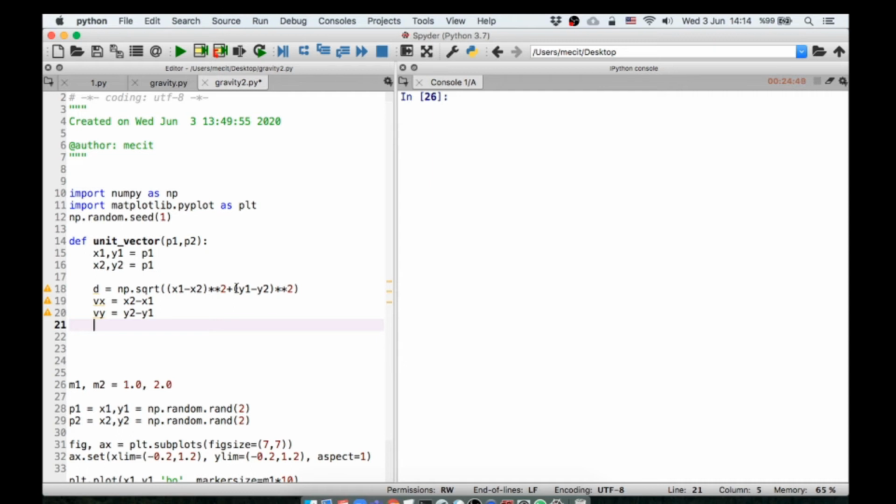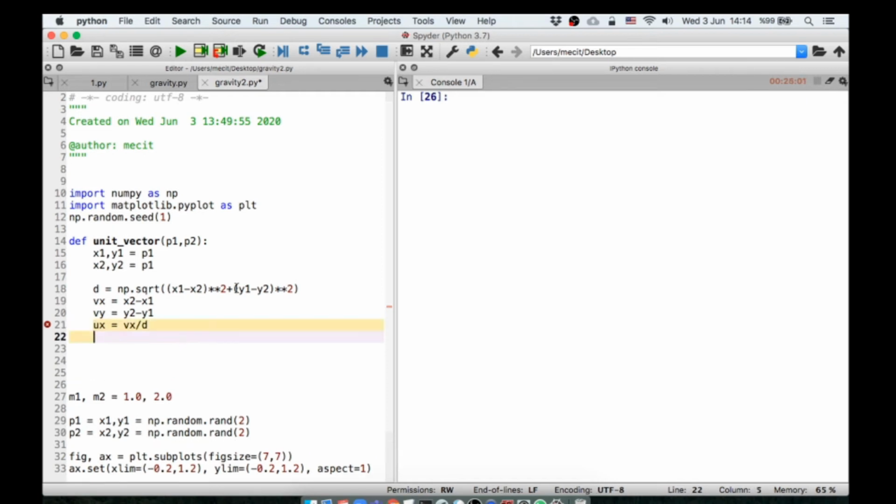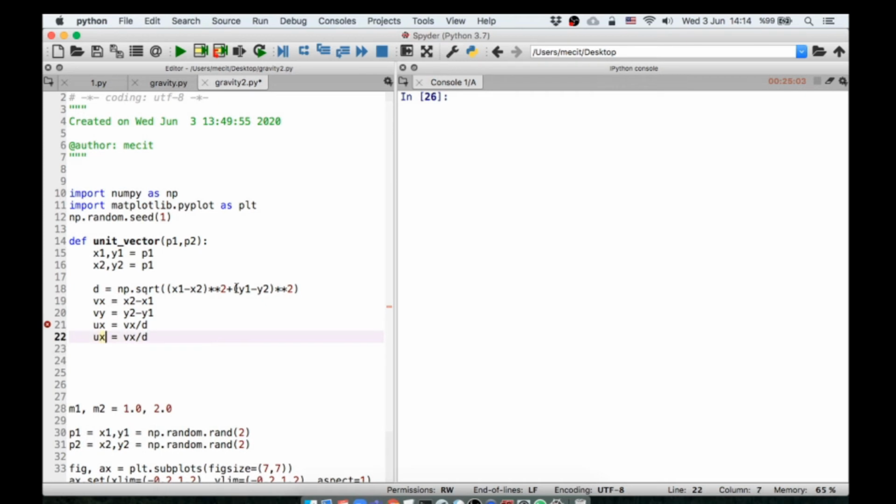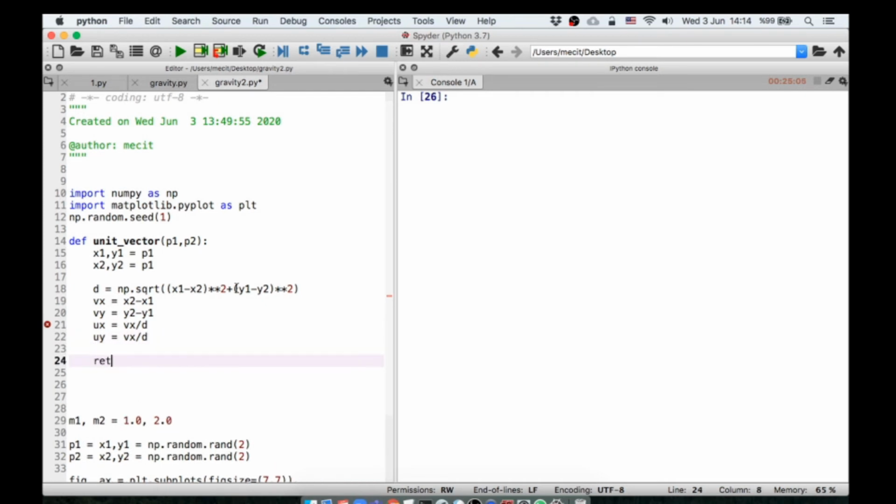Now if I divide these 2 vectors by d, I will get the unit vectors, which I call ux and uy. So okay, now if I return ux, uy, this function is basically giving me a unit vector pointing from the first point to the second one.